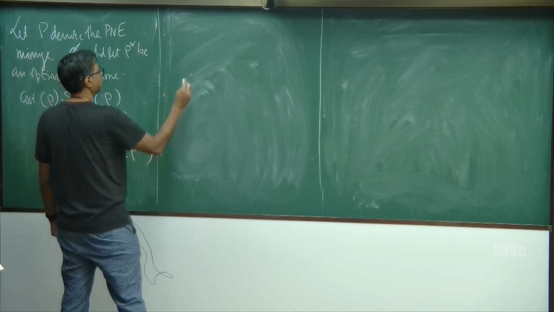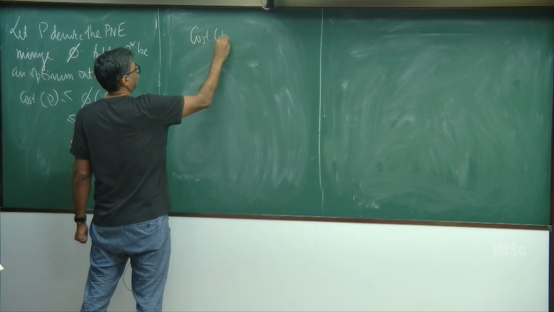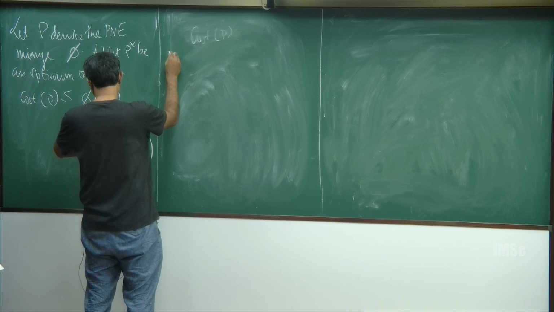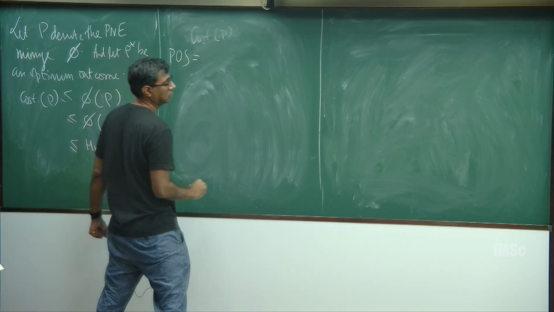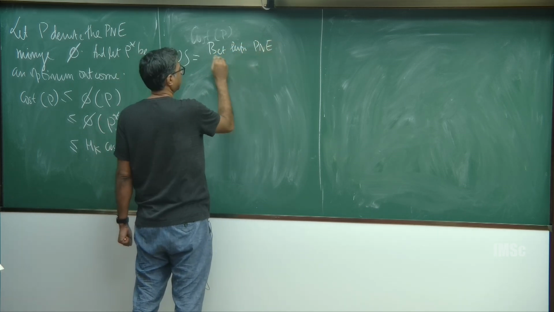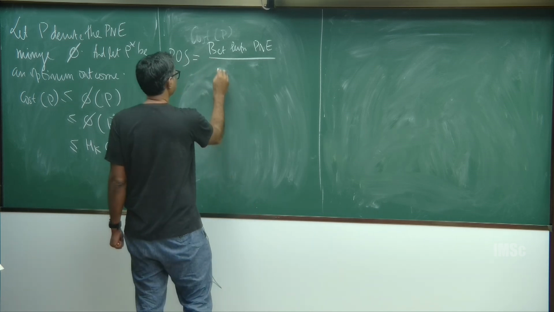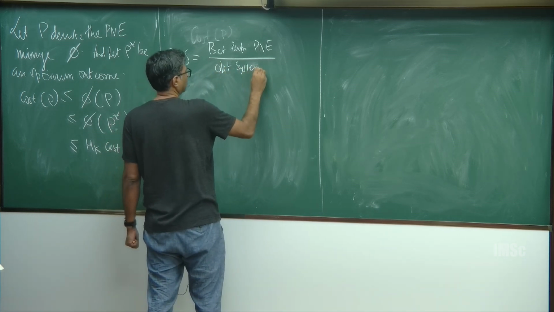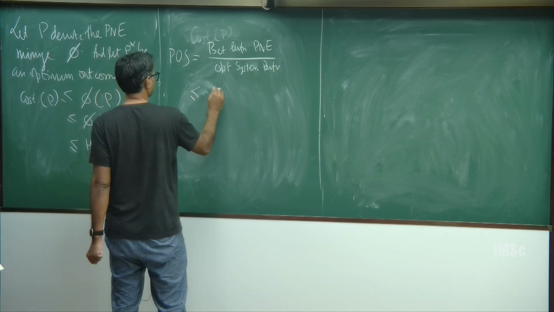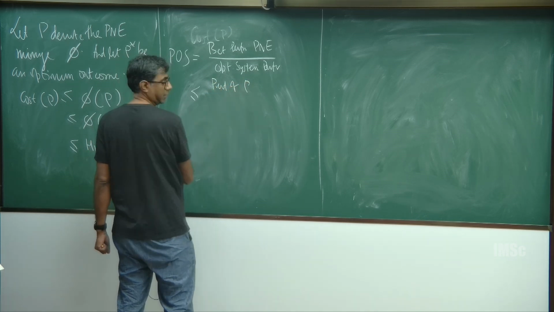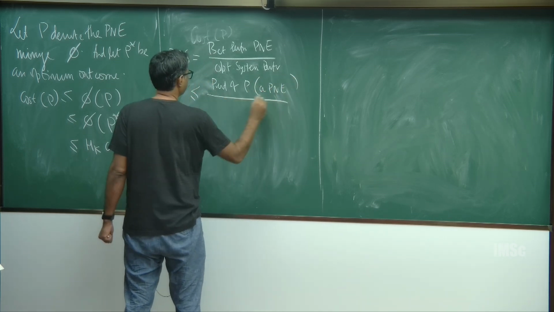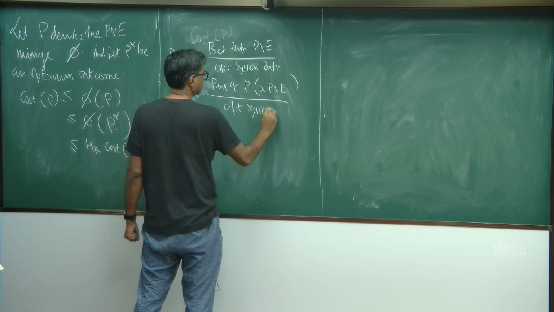So what we showed now is that, the best way of doing this, look at what is called price of stability, which is equal to the best performance of a pure Nash equilibrium divided by the optimum system performance.